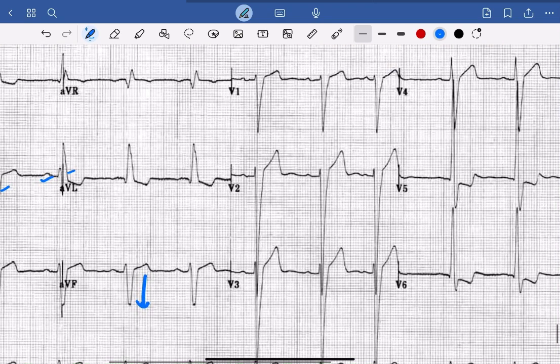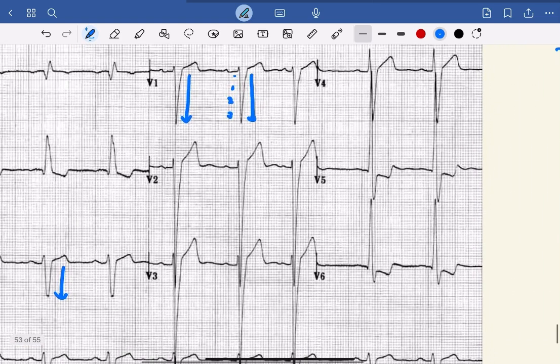See, in V1 there is a deep S wave. How much is deep? 1 box, 2 box, 3 box, almost 3.5. So 3 box means 15, 3.5 means around 18 small boxes, 18 mm.